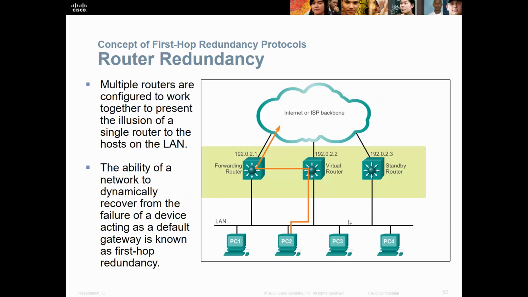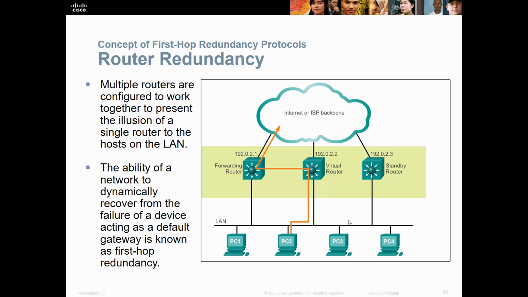So what we can do is have two routers, two layer 3 devices, and a virtual IP. Multiple routers are configured to work together so that they have the illusion of a single router. That's that virtual IP.